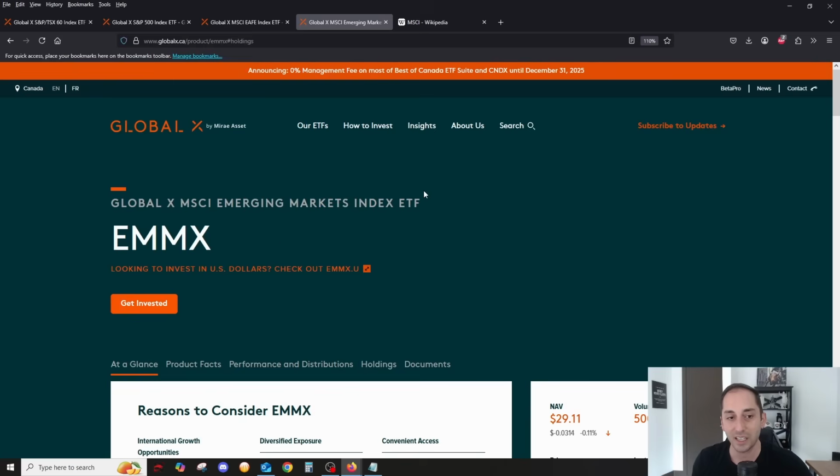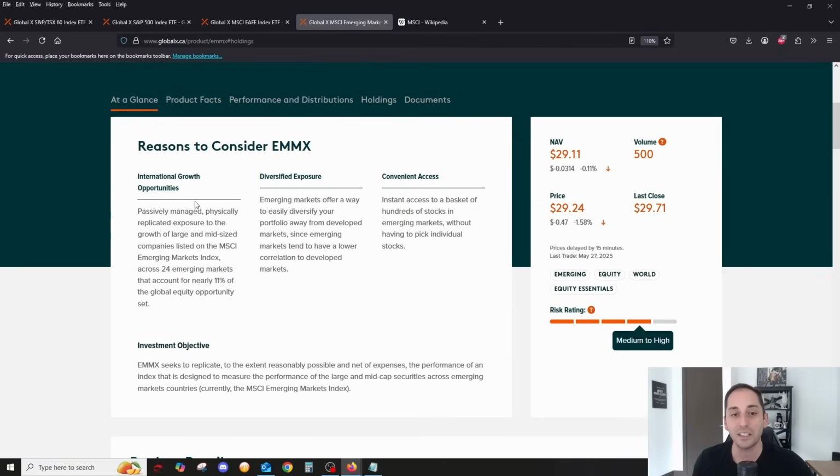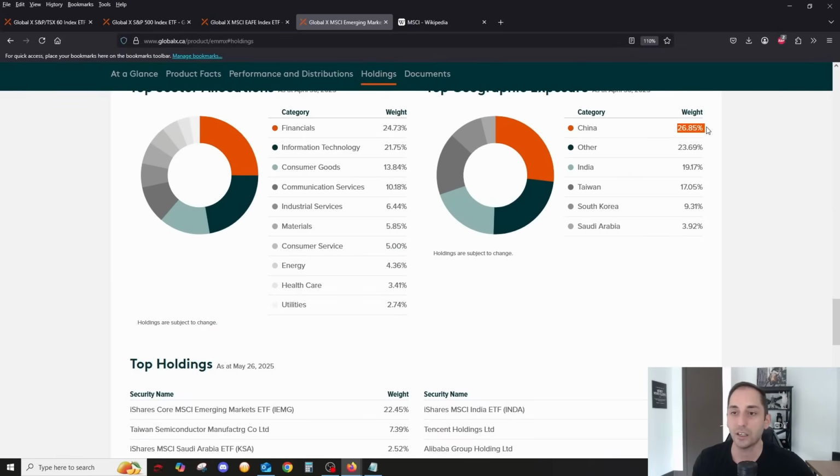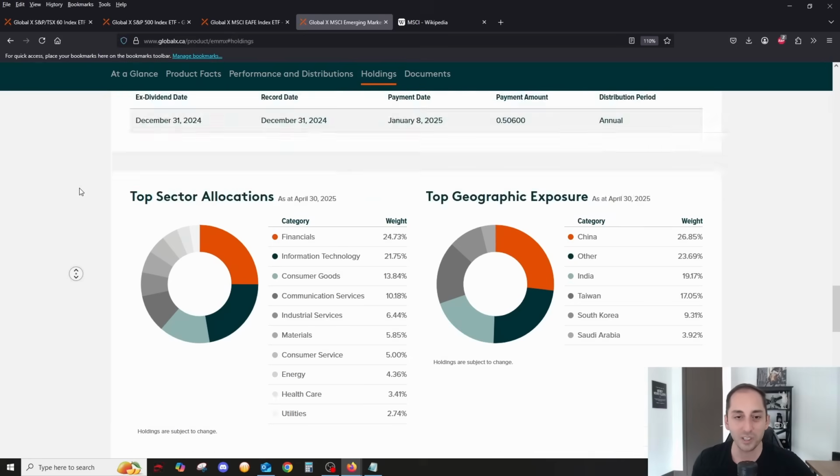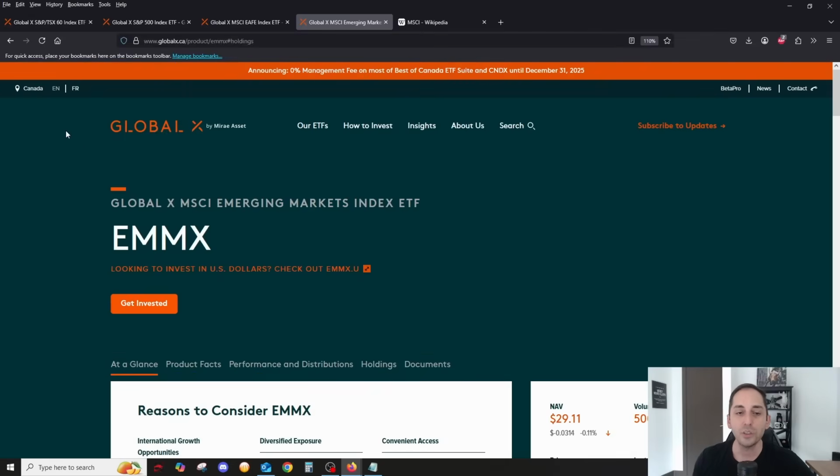These are countries that are still developing, considered emerging markets, like China, India, Taiwan, South Korea, Saudi Arabia, Mexico, and a bunch of other ones. So this is another region you need to be aware of.